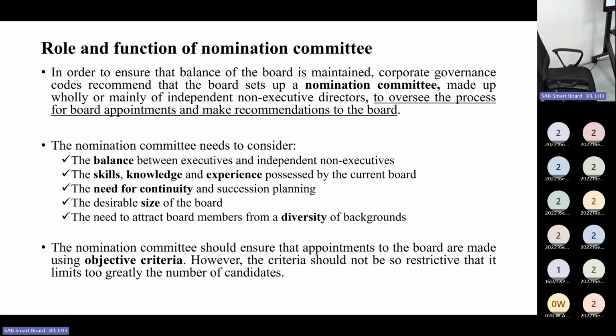Right? The need to attract board members from a diversity of backgrounds. So when you are bringing people to the board, you need to bring them not from one area, from the accounting profession, or lawyers. According to your business, you need to identify what sort of expertise they should have on the board.